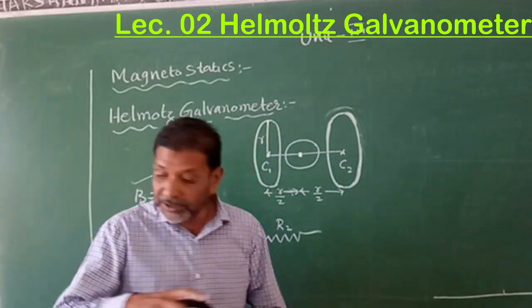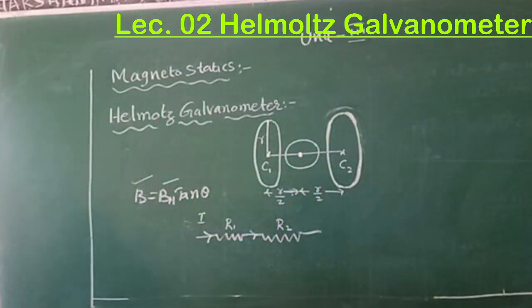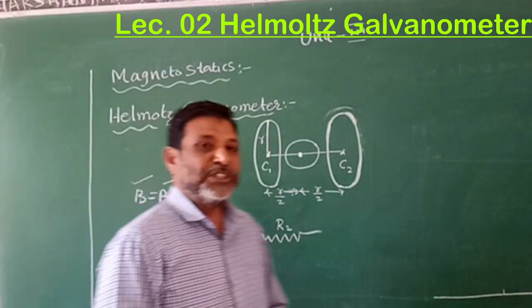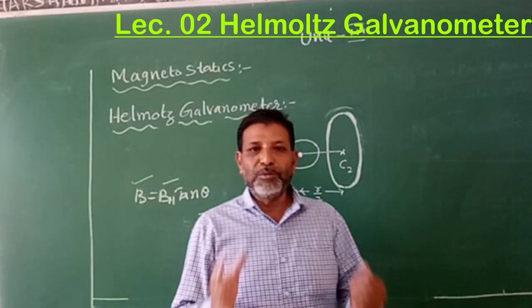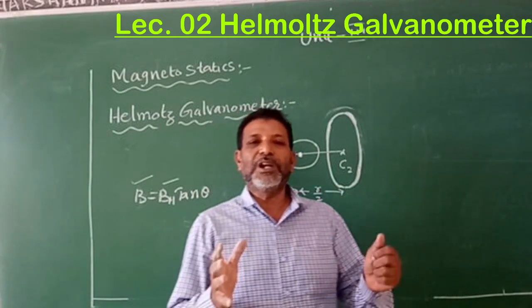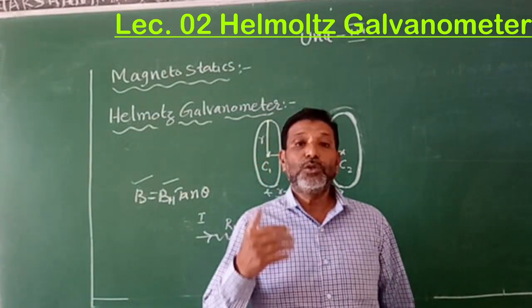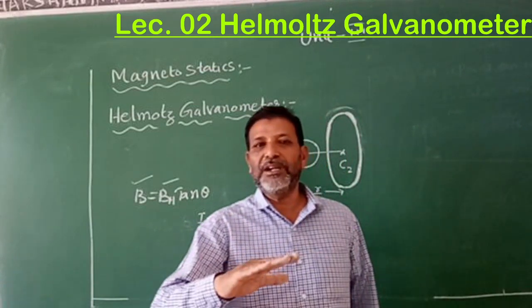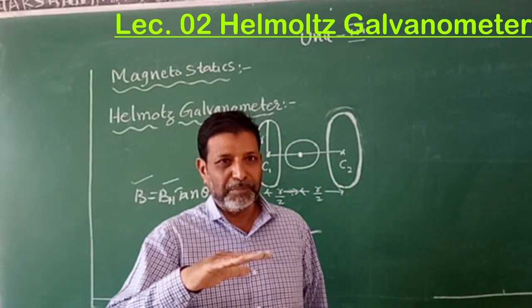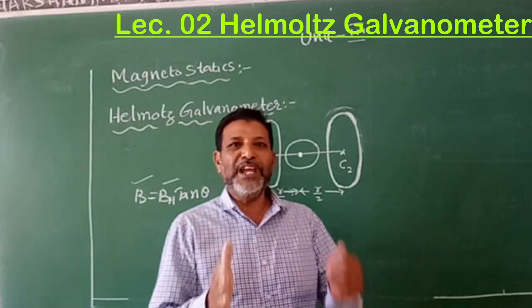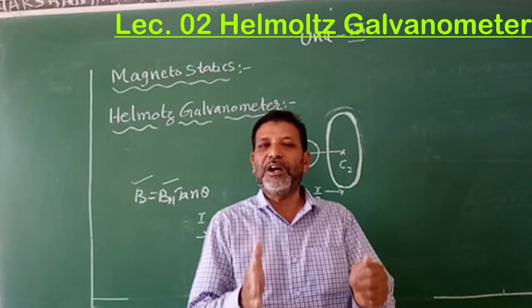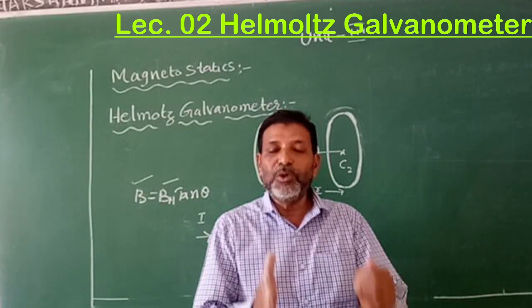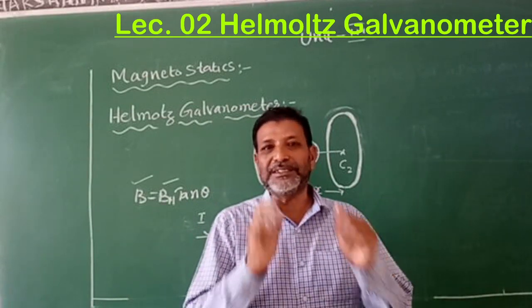Now this is about the construction of the Helmholtz Galvanometer. Once again I repeat, the Helmholtz Galvanometer consists of two identical circular coils placed or mounted on a horizontal base, so that the planes of the two circular coils are parallel and both are connected in series.